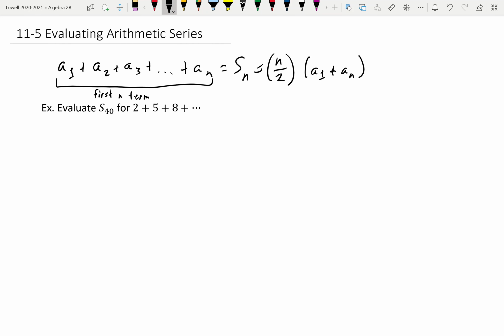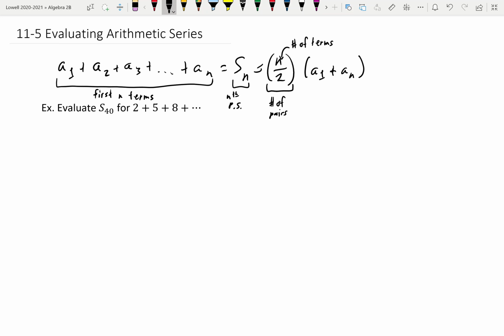So again, the first n terms, if I want to add those up, that's the nth partial sum. So that's Sn here. I'll just abbreviate it PS. And that's going to be equal to the number of pairs. We talked about how this thing is really just the number of pairs. And the n right here, that's really the number of terms, and the number of terms divided by 2 gives you the number of pairs.